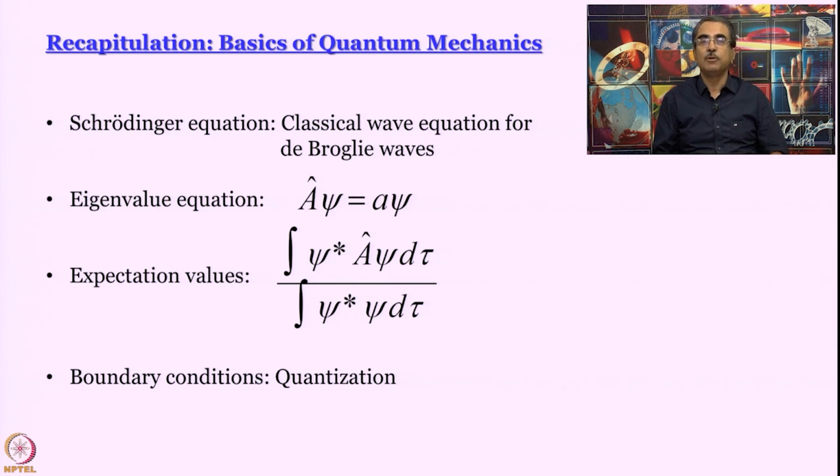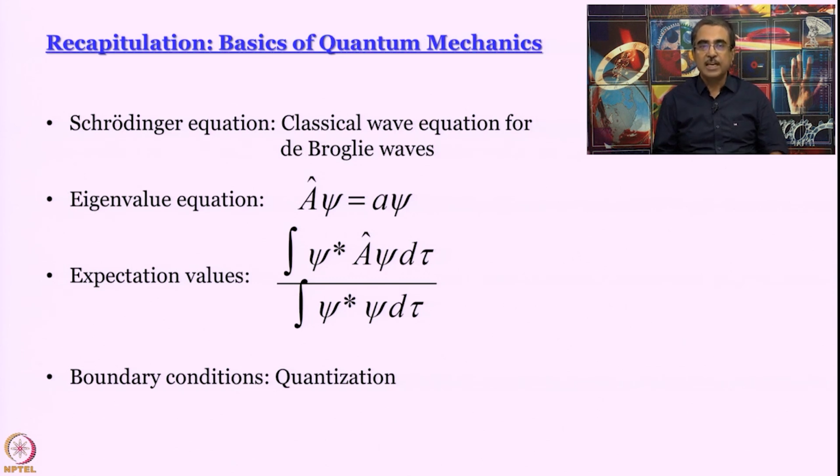These are the postulates of quantum mechanics that we have touched upon very briefly, and we know already how to calculate expectation values. And one extremely important piece of information from our study of particle in a box is that quantization arises out of boundary conditions.